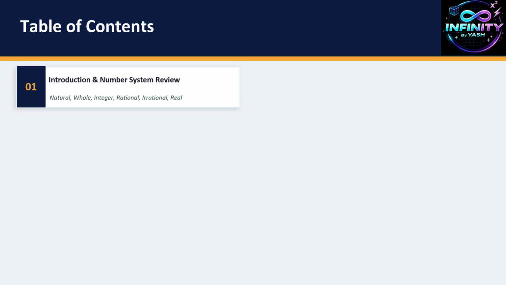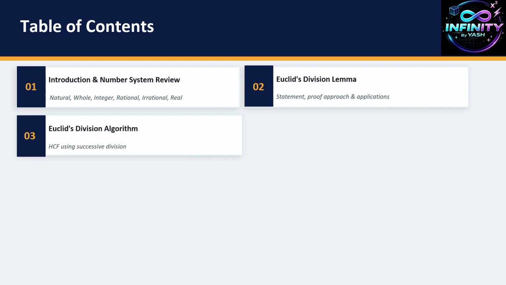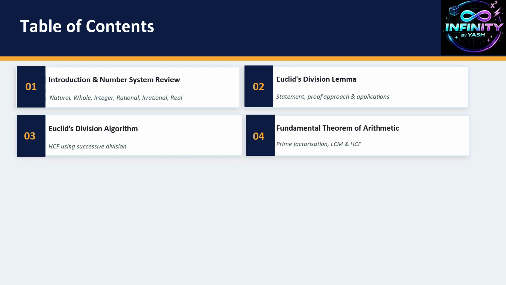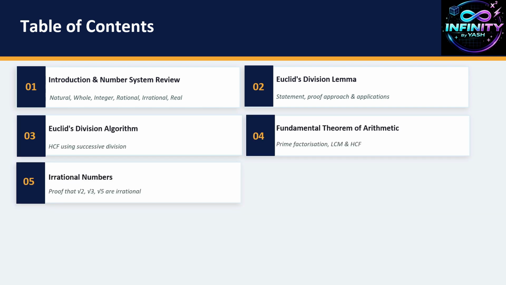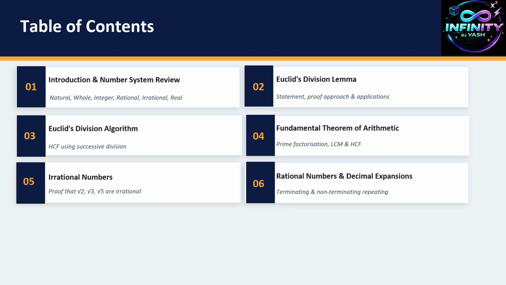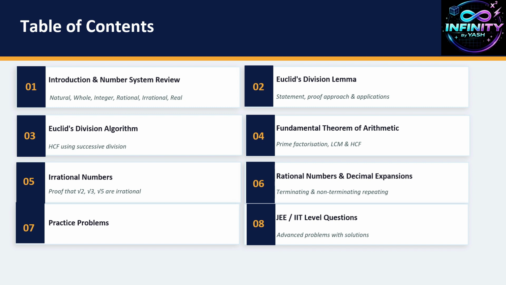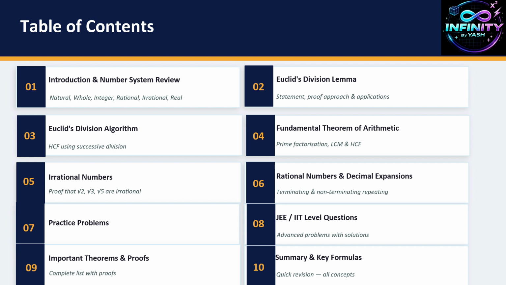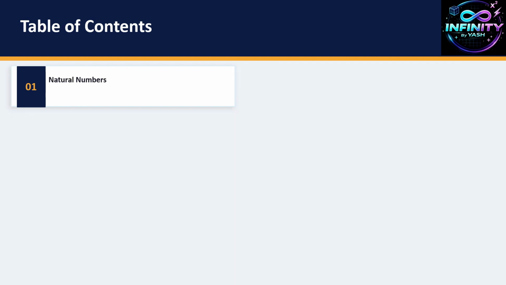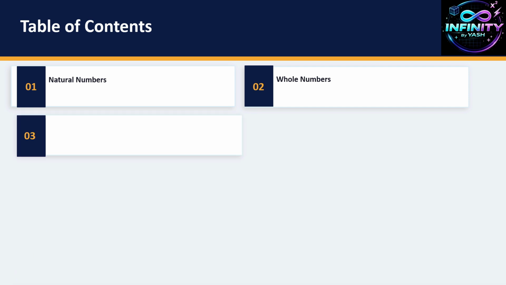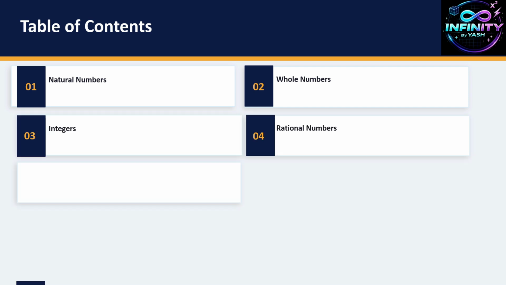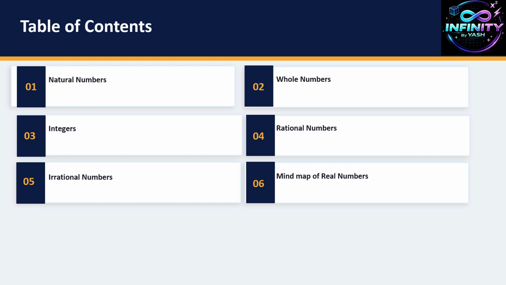In this chapter, we are learning introduction and number system review, Euclid's division lemma, Euclid's division algorithm, fundamental theorem of arithmetic, irrational numbers, rational numbers and decimal expansions, practice problems, JEE and IIT level questions, important theorems and proofs, and summary and key formulas. In this video, we will understand natural numbers, whole numbers, integers, rational numbers, irrational numbers, mind map of real numbers, and practice problems.